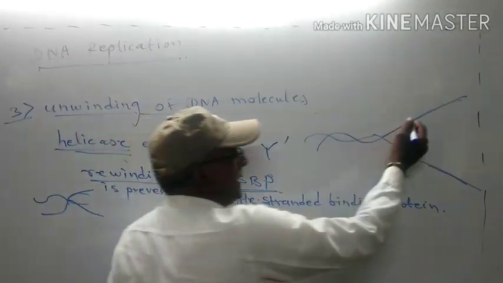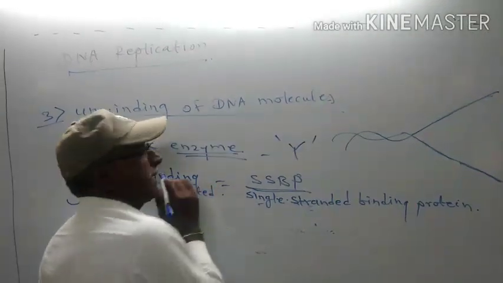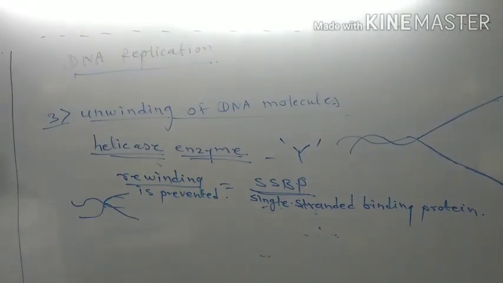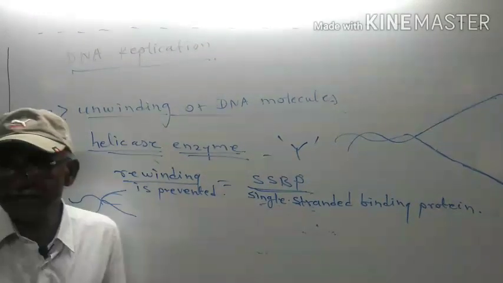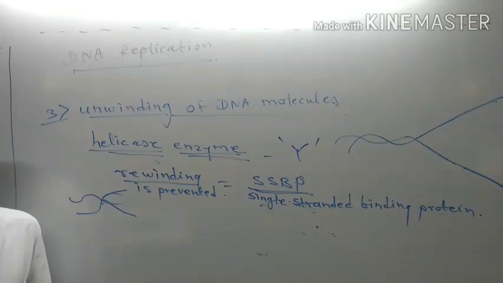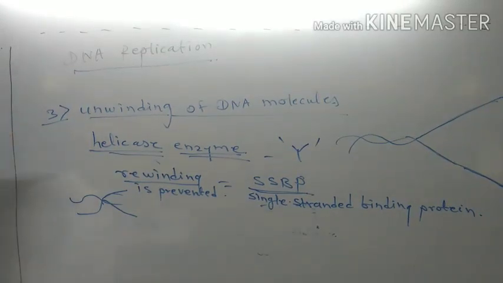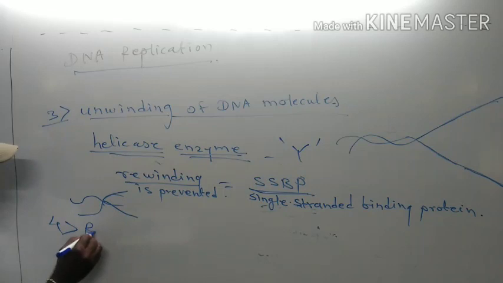And this unwinding is controlled by whom? Helicase enzyme. Now we will see the fourth point, that is replication fork.